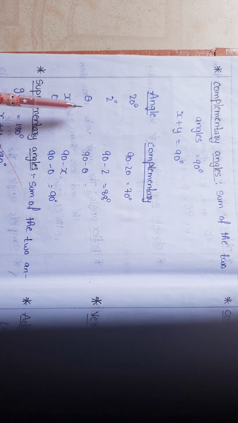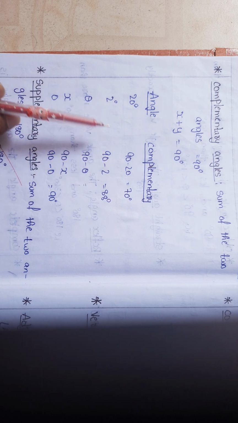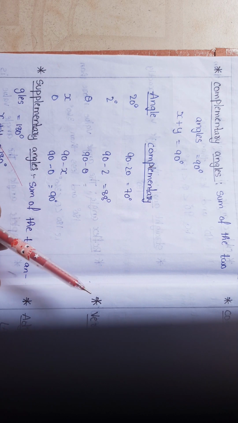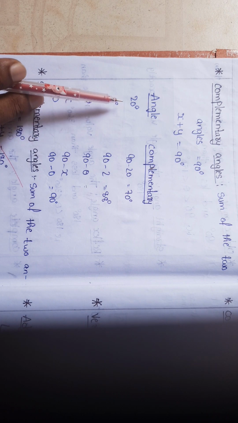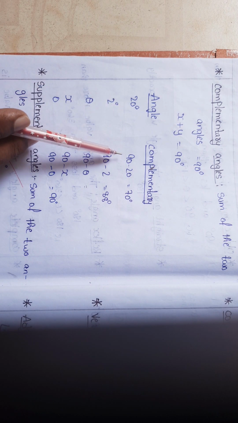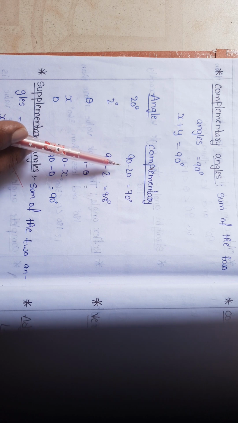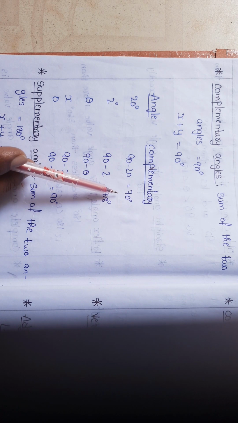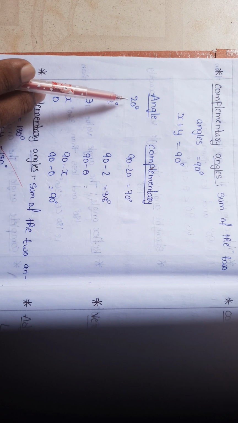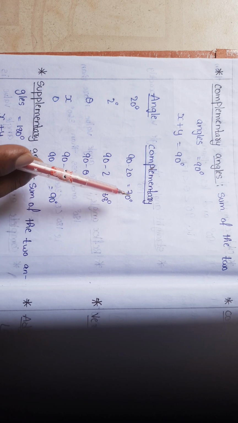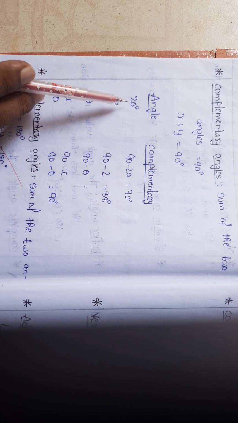Suppose here I gave a table with different values and also some symbols. For a 20 degrees angle, its complementary is 90 minus 20, that means 70 degrees. If you add 20 plus 70, you will get 90 degrees. So the complementary of 20 degrees is 70 degrees and the complementary of 70 degrees is 20 degrees.